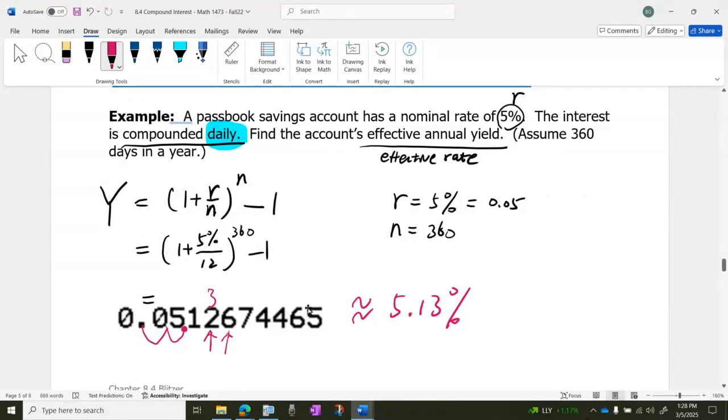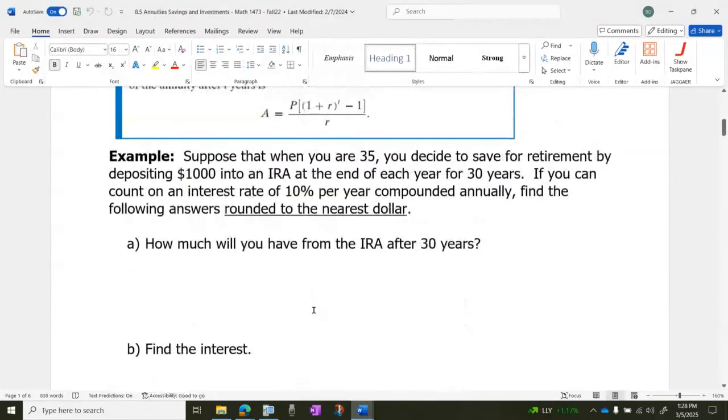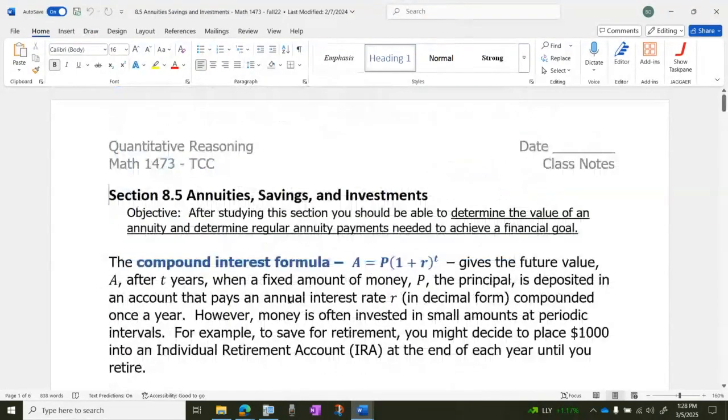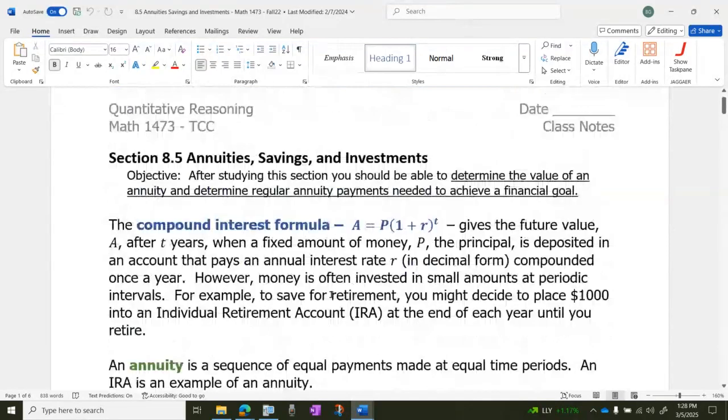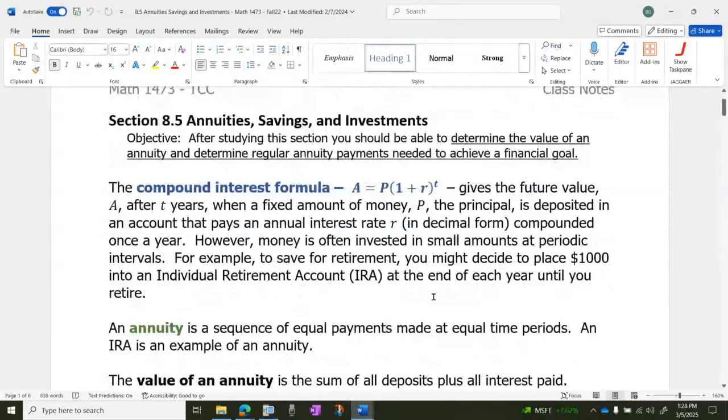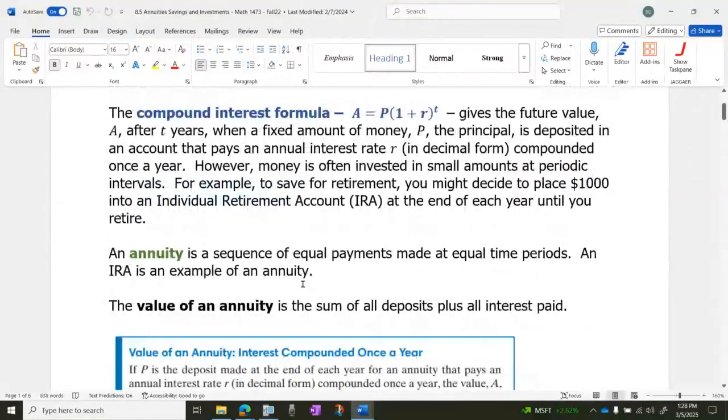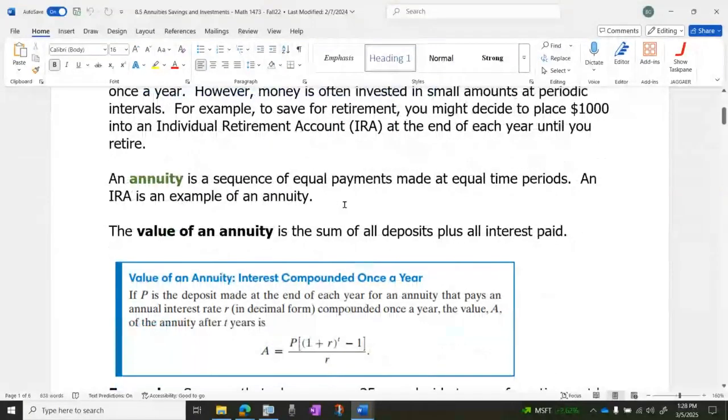So we finished 8.3 and 8.4. Today we scheduled to cover 8.5. In 8.5, we are going to learn a different type of investment account. It's called annuity. What is an annuity?